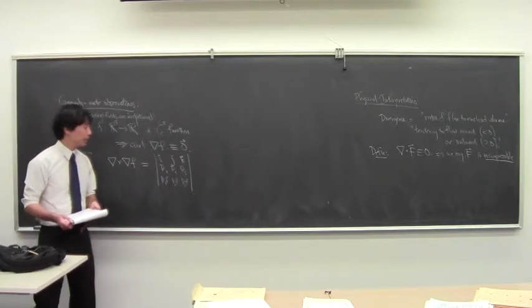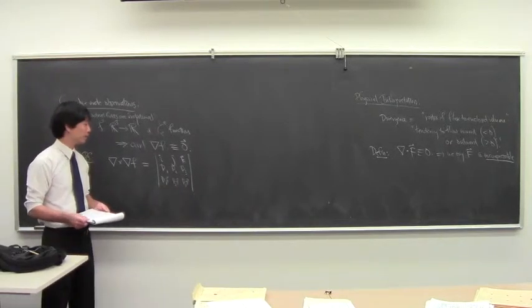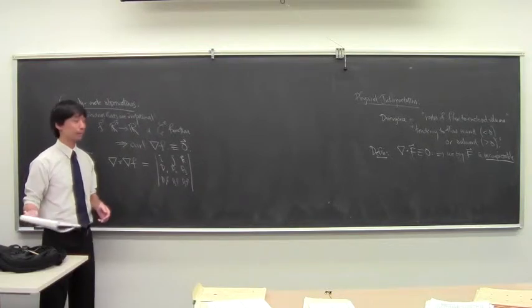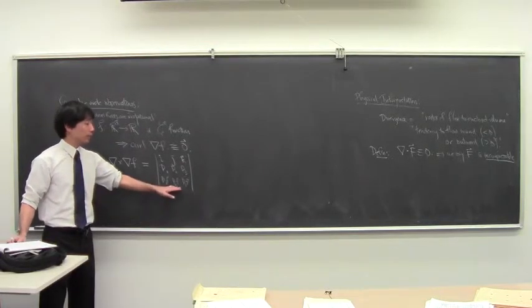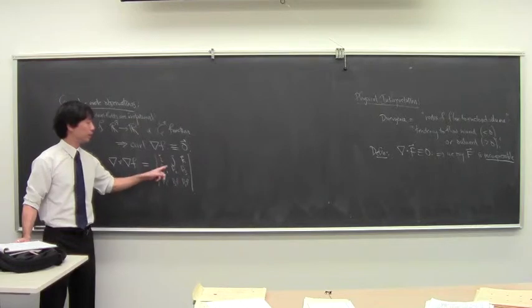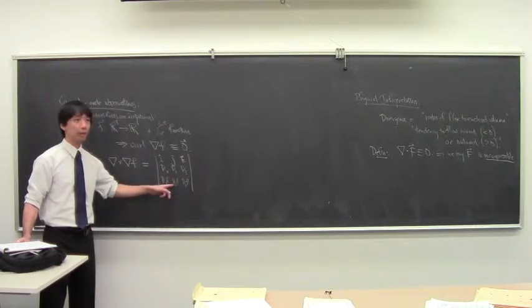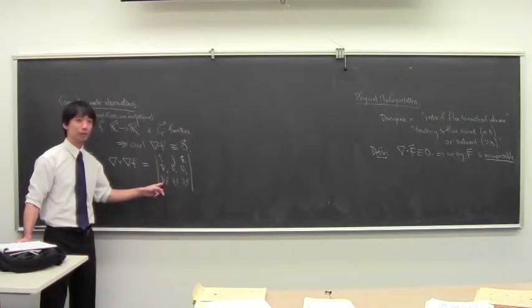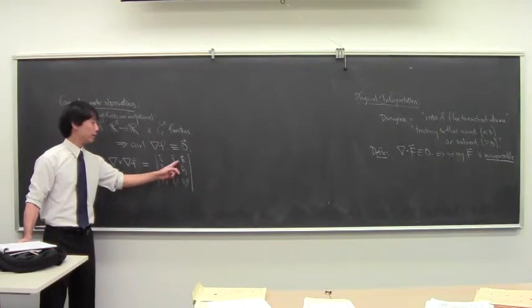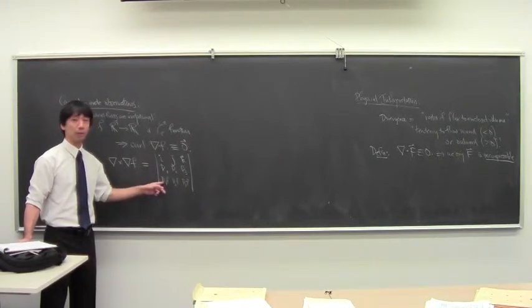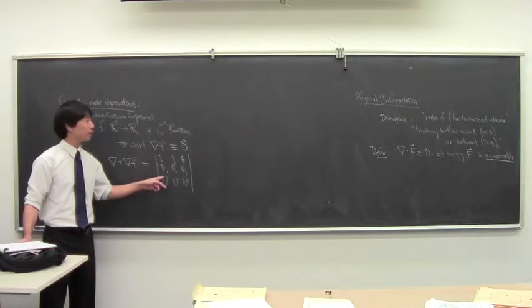I'm going to use the big D notation rather than the curly little d notation. In the first variable, what do you get? D2, D3 f minus D3, D2 f, which is 0. The second one, you get D1, D3 f minus D3, D1 f, which is 0. And in the third, you get D1, D2 f minus D2, D1 f, which is 0.